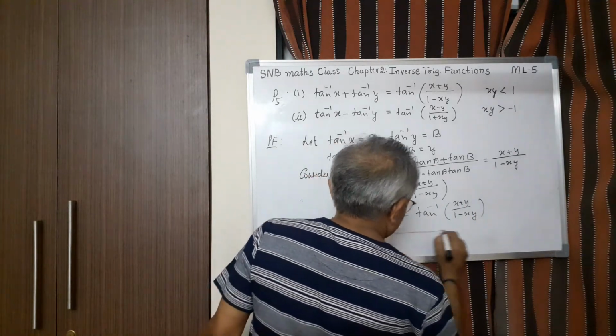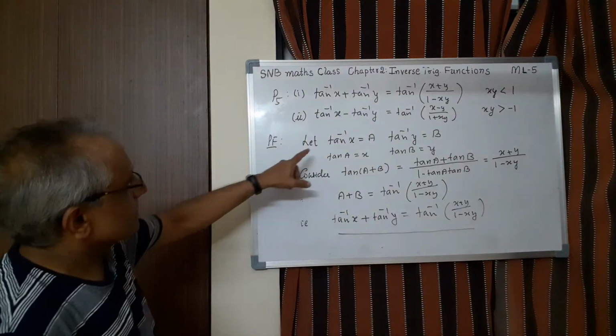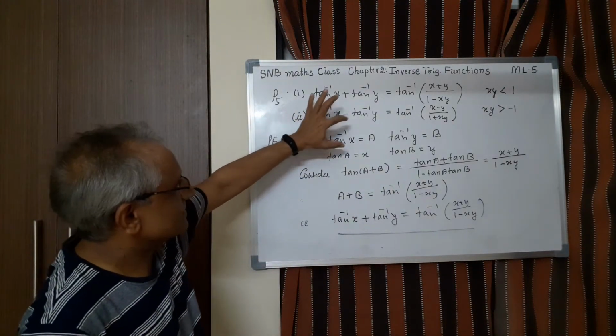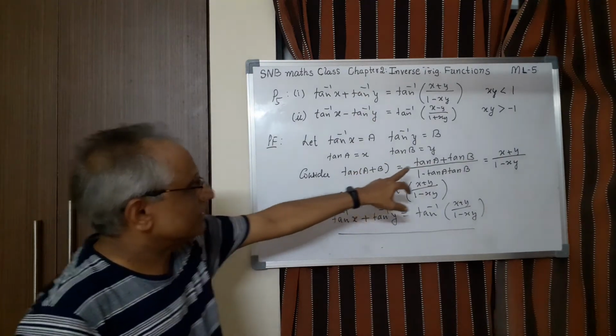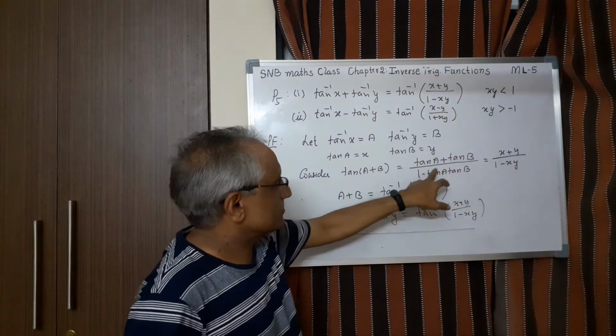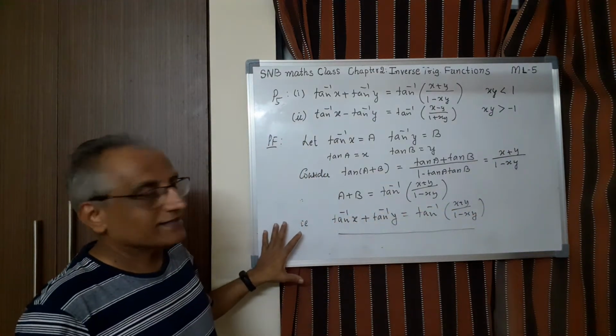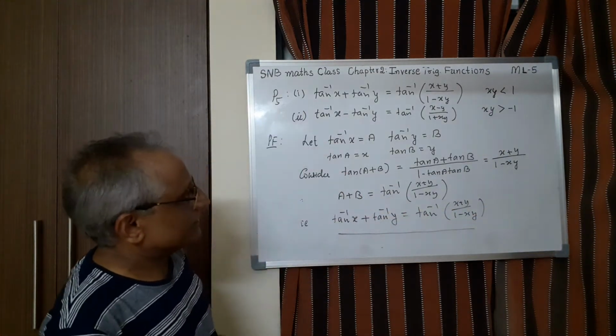So this is the proof. Exactly the same way. Here the first step is the same. Tan inverse x is a, tan inverse y is b only. Instead of a plus b, take a minus b. Here it becomes minus, here it becomes plus. Remaining things are identical. So you can prove the second one.